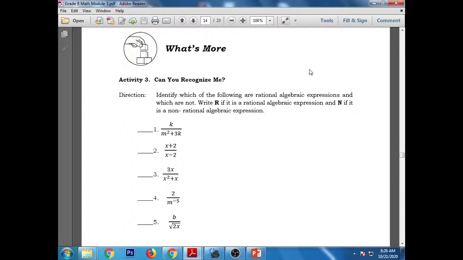So, let's continue. What's more? Activity 3. Can you recognize me? Okay, direction. Identify which of the following are rational algebraic expressions and which are not. Write R if it is a rational algebraic expression and N if it is a non-rational algebraic expression.